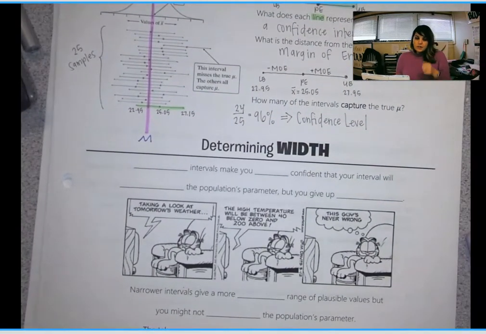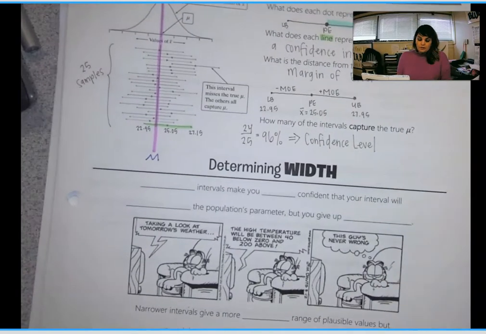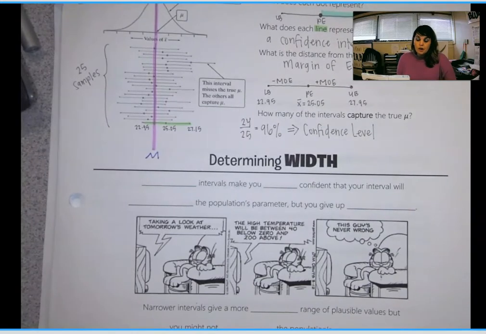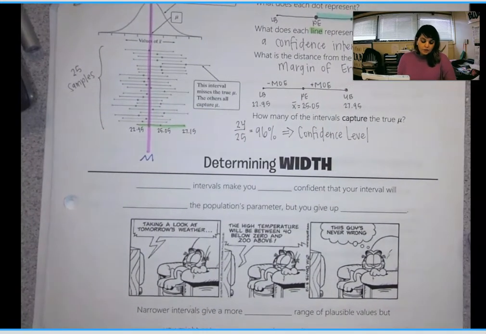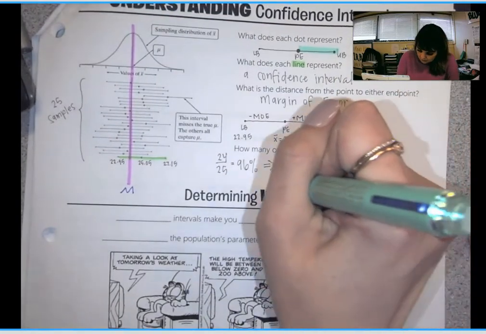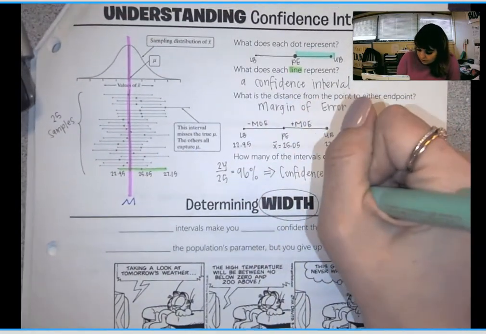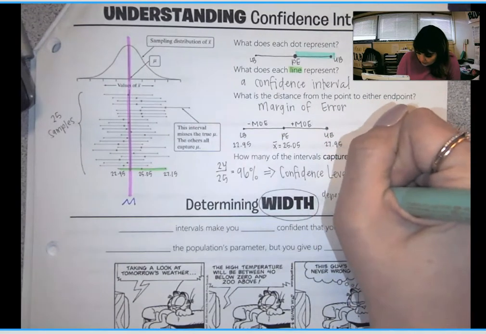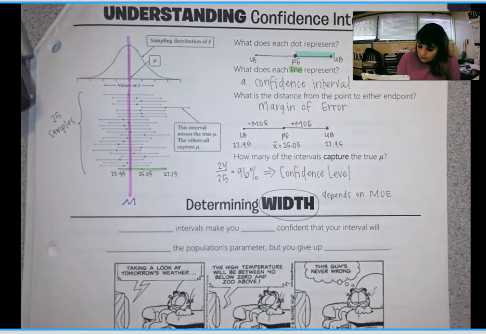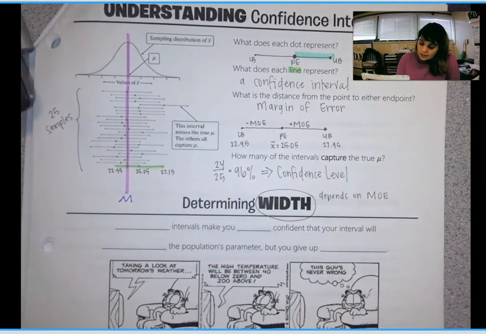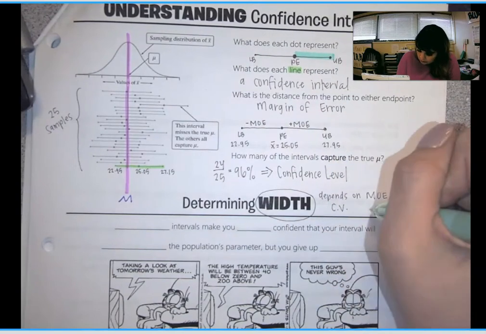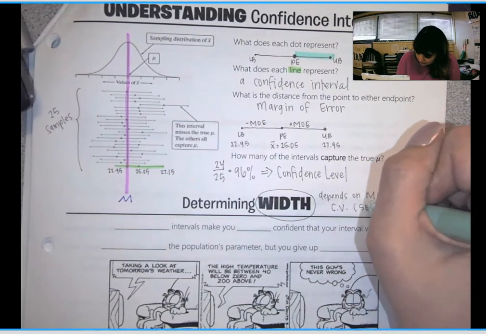So now we're going to talk a little bit about the width of your confidence level. The width of your confidence level depends on your margin of error, which, remember, is made up of your critical value and your standard error.